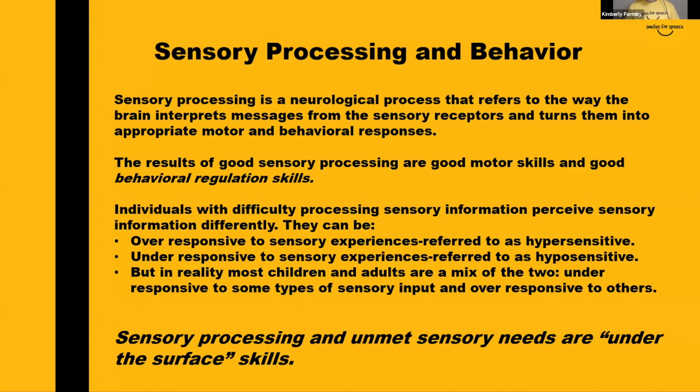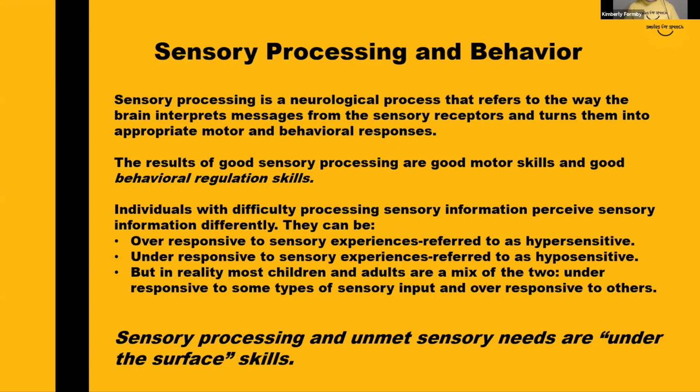But some people have difficulty processing sensory information. These people perceive sensory information in a different way. They can perceive sensory information in a way that makes them overly responsive to sensory experiences or under-responsive to sensory experiences.